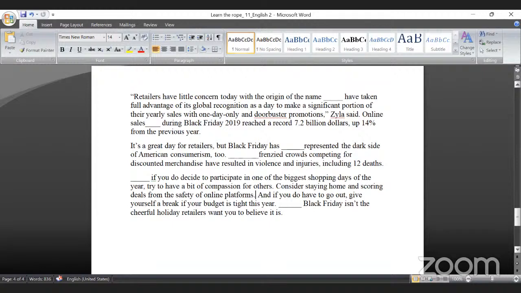But since there's a full stop there, you'll have to use something that gives a similar meaning. So Black Friday is, and again that is reasoning, no? So that doesn't fit there. No. Look at the sentence that goes before it. And if you do have to go out, give yourself a break if your budget is tight this year.